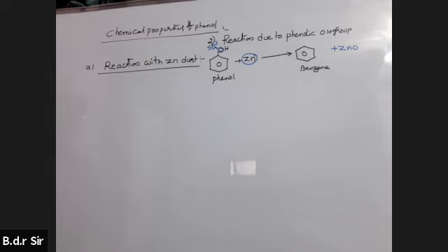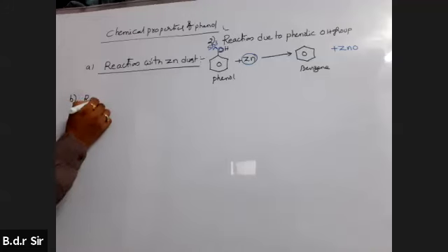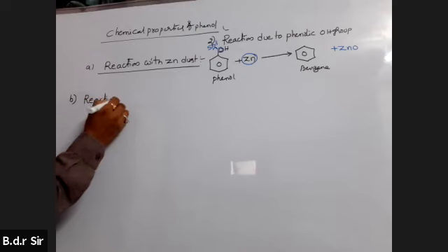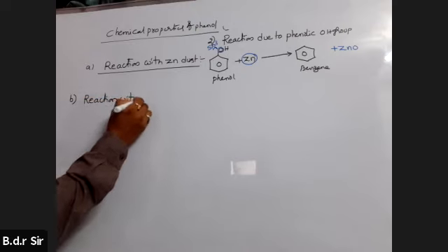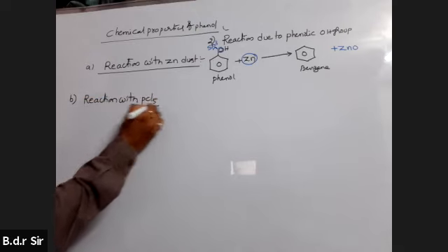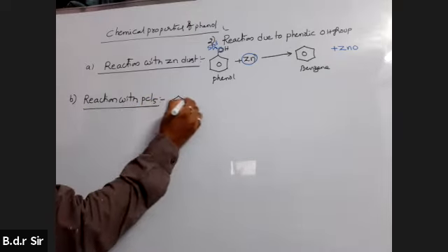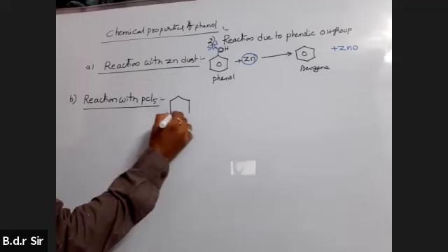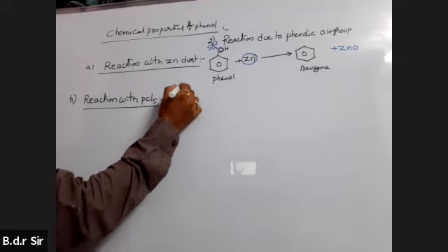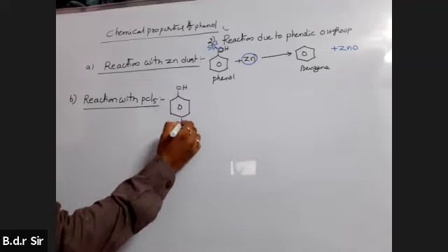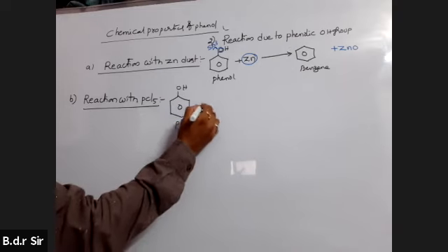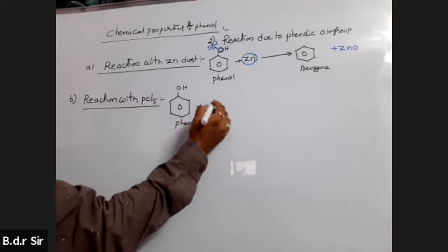Next, the second one: reaction with PCl5, phosphorus pentachloride. Phenol reacts with phosphorus pentachloride.